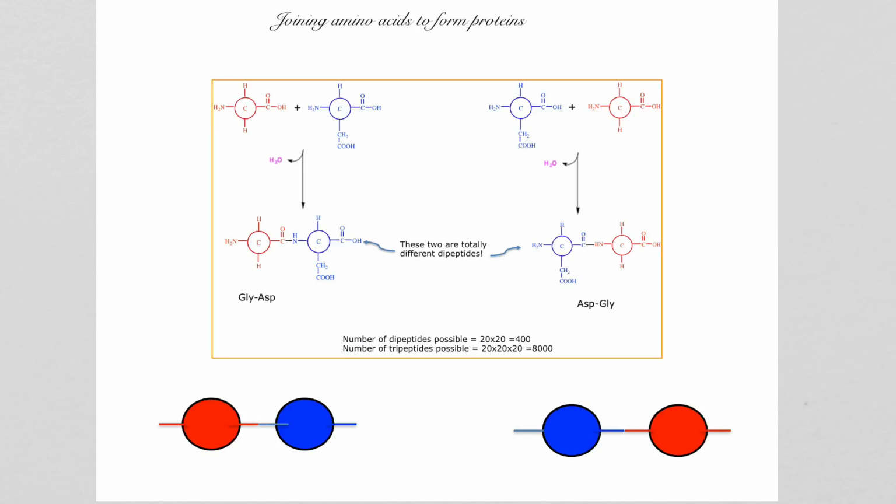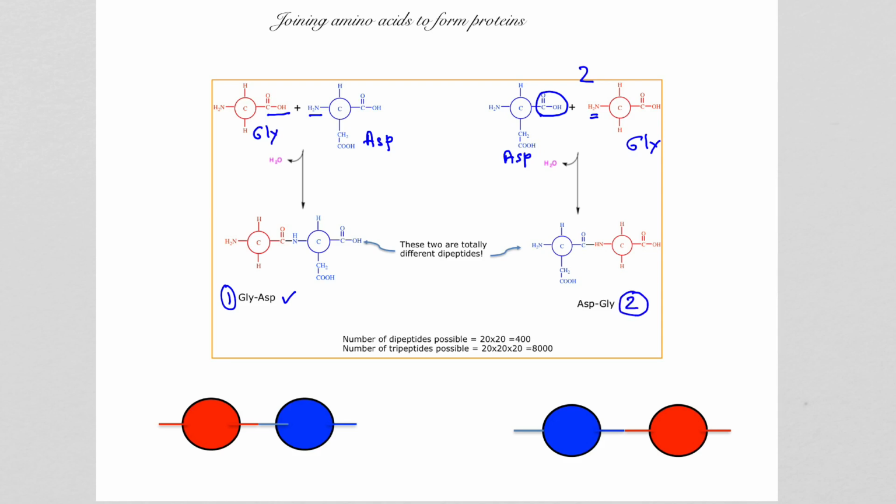So in this case here, the carboxyl of glycine reacted with the amine of aspartic acid to give you this dipeptide, a small protein. But in the second case here, it's the carboxyl of the aspartic acid reacting with the amine of the glycine, giving you this dipeptide.